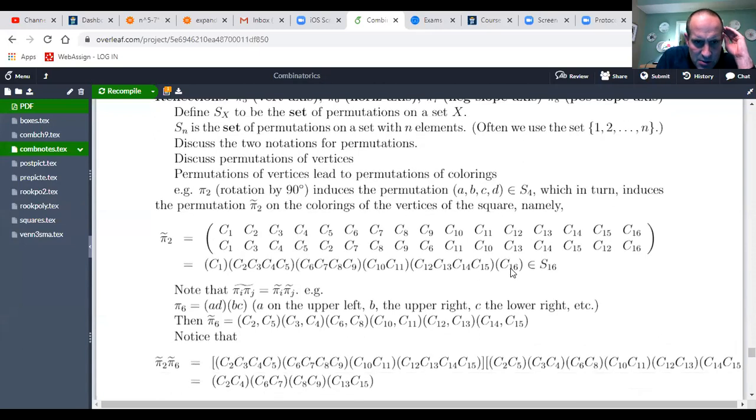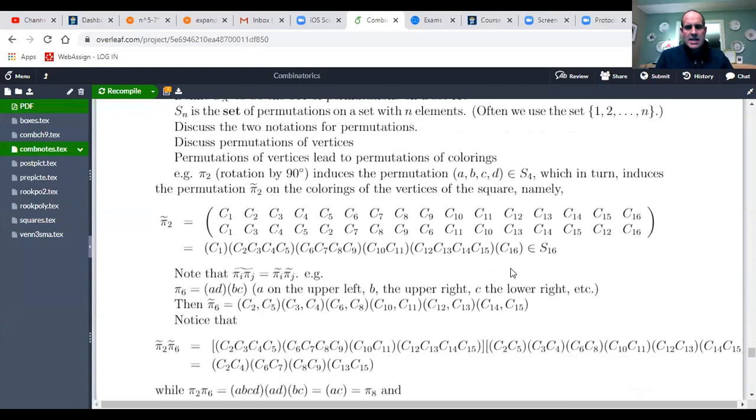So what I have chosen to do, and I hope you'll understand why I'm doing this. Pi 2 is rotation by 90 degrees. Okay. And that will induce, which means that A goes to B, B goes to C, C goes to D, and D goes to A. Or if you wanted to use numbers, 1 goes to 2, 2 goes to 3, 3 goes to 4, 4 goes back to 1.